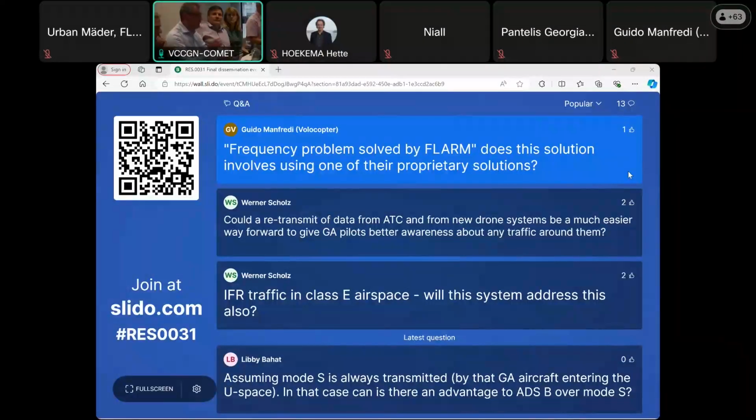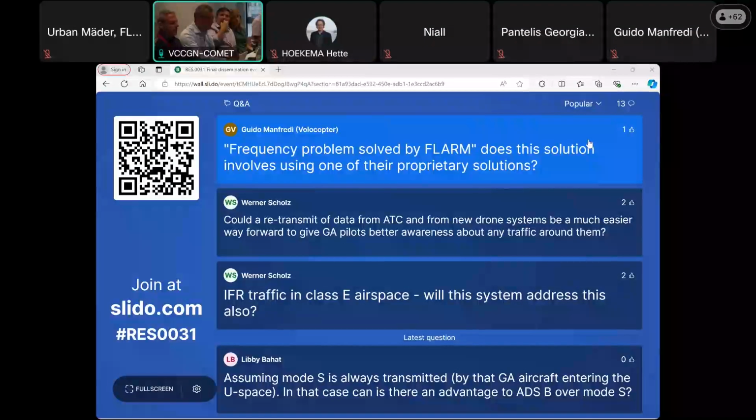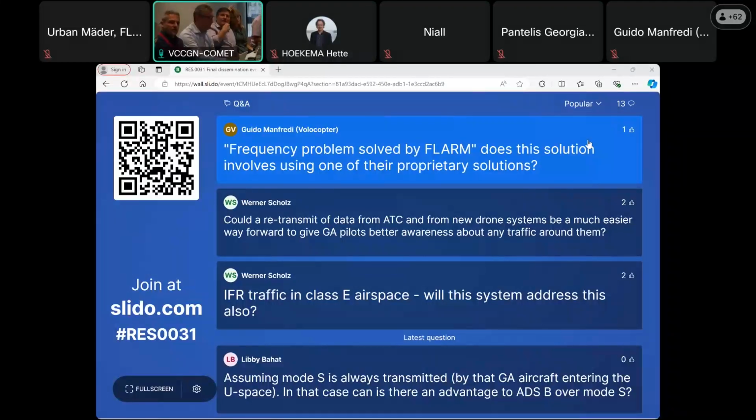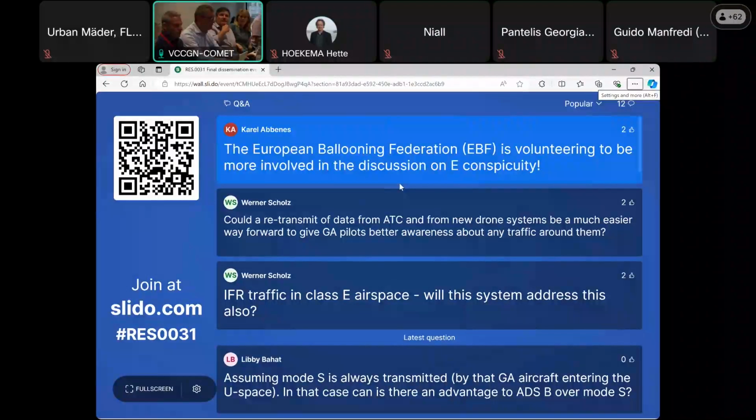Some from Gunnar. Could a retransmit of data from ATC and from new drone systems be a much easier way forward to give GA pilots better awareness about any traffic around them? Yes. What do you mean with the retransmit from ATC? ATC doesn't have the conspicuity data yet. We don't have the interfaces for that right now. But how should that work with the ATC data?